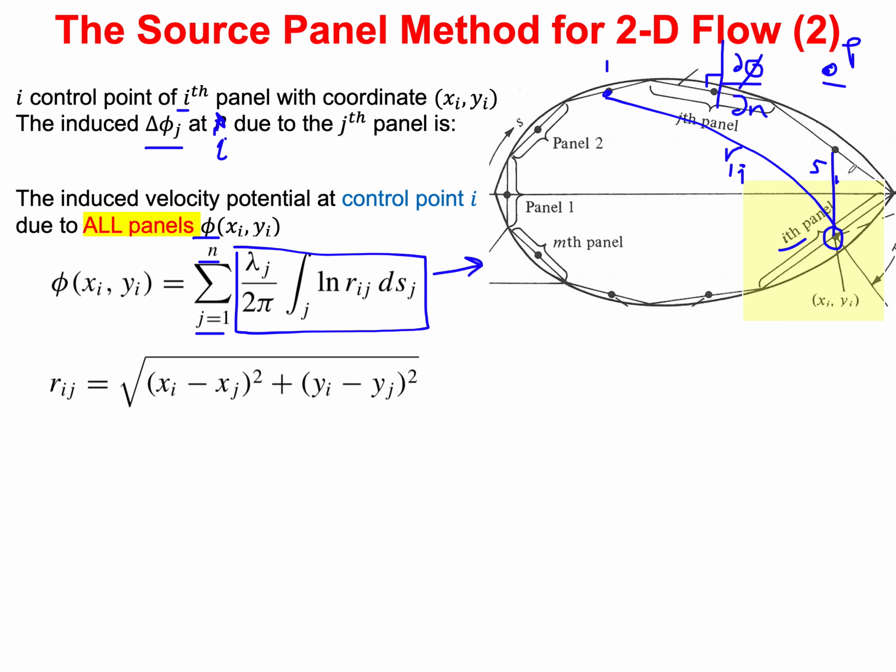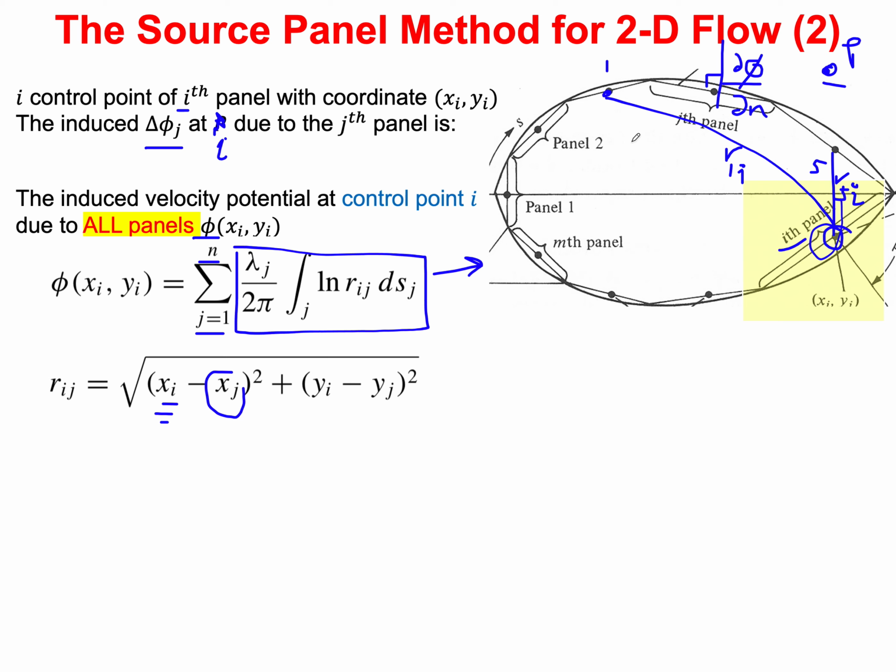That distance will be R5,I. So you get the idea. It's the distance between the control point that I'm considering and every other panel on the body that I started with.